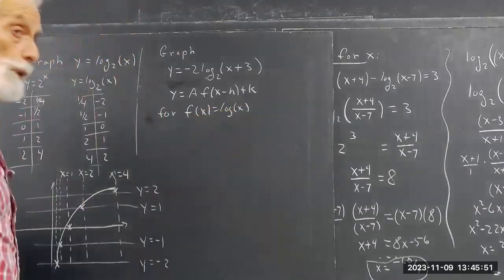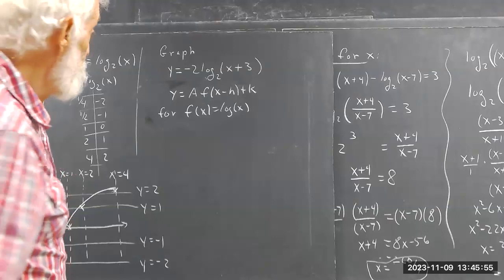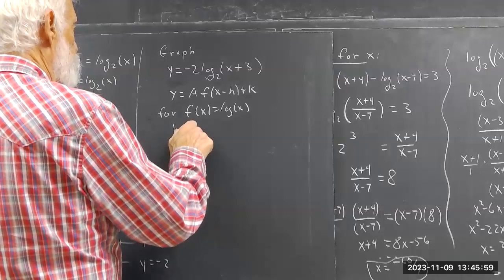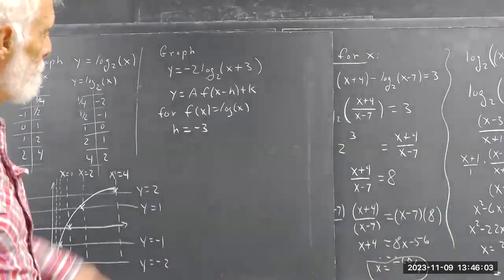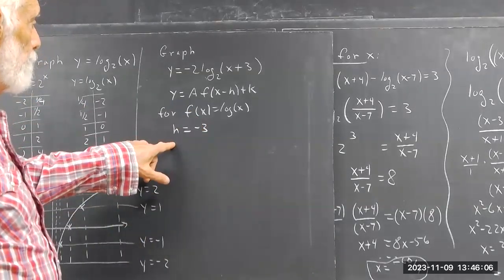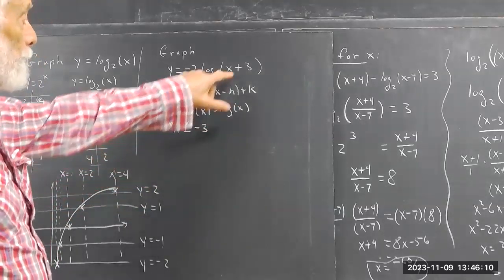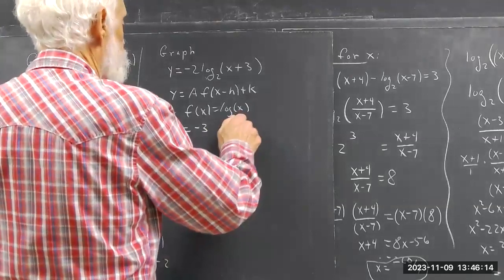F of x equals the log function, right? F of x equals log x. H equals -3. So that now f of x minus h is x minus -3, which is x plus 3. So we got the log base 2 of x.